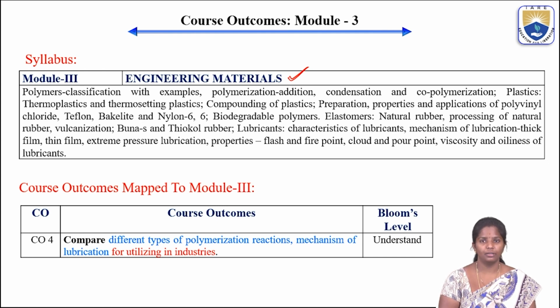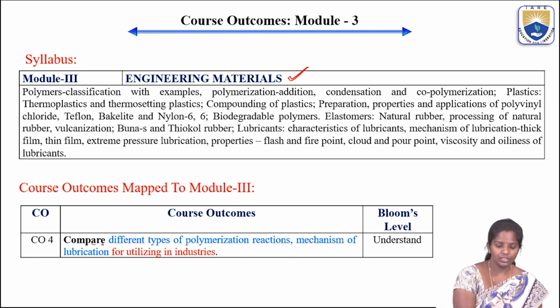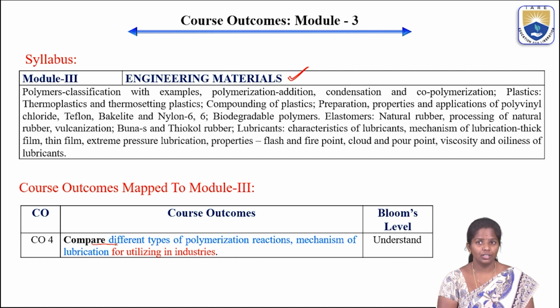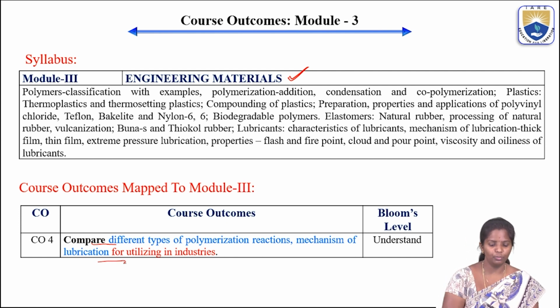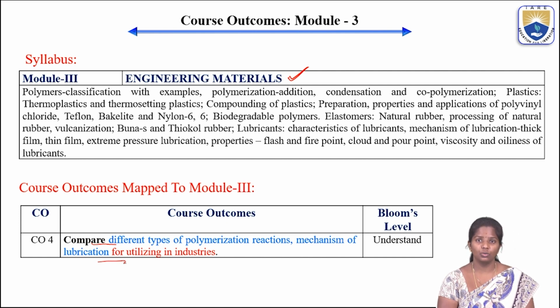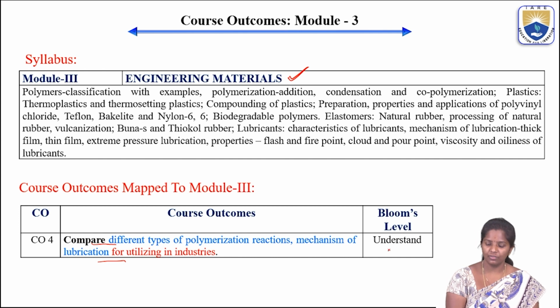So this module includes that, and this course outcome gives a comparison of these polymerization reactions and the mechanism of lubricants that are used. The lubrication mechanisms are of different types depending on the applications in the industries. So this gives an understanding.